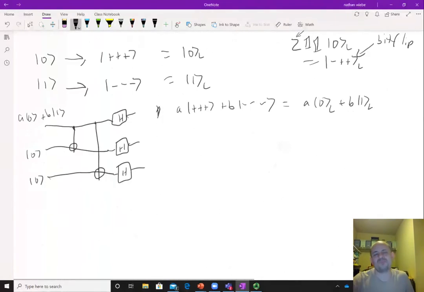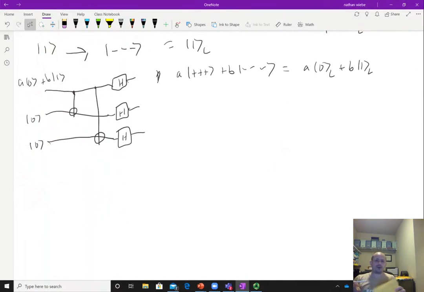Okay, cool. So we've got two cases built up here. We've got the case where we've done a bit flip and the case where we've done a phase flip. But these two are just like points in terms of the errors that we can correct. Ideally, we'd like to be able to correct any error whatsoever using a quantum error correcting code.